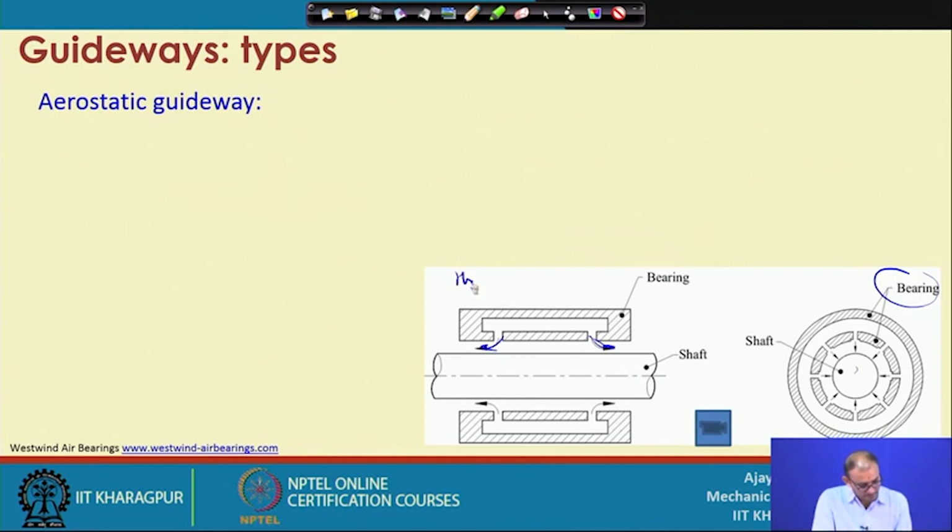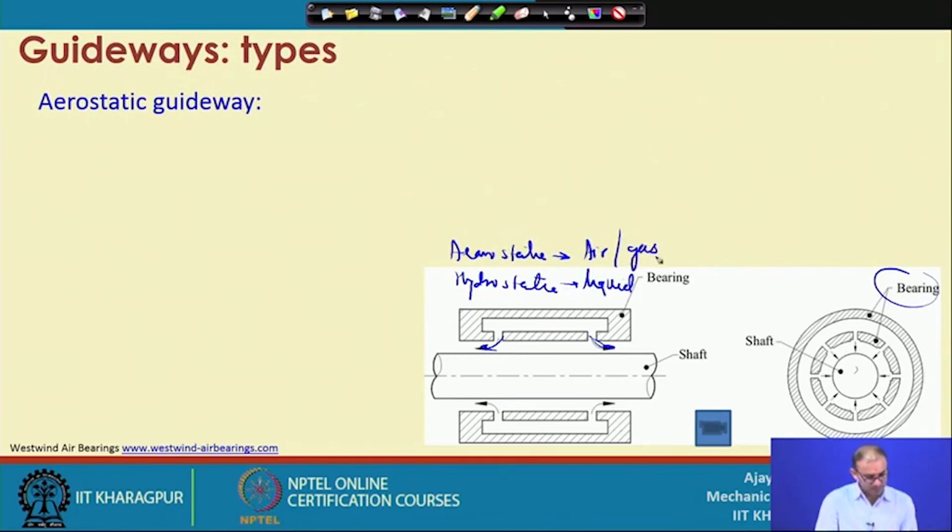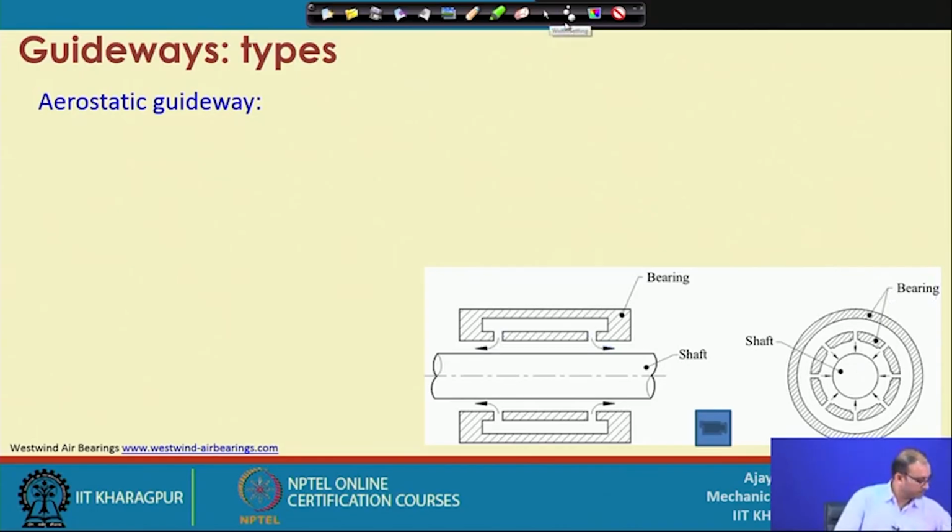In the earlier hydrostatic case, we were using liquid, and in the aerostatic case we are using air or gas. So, this is the difference, but there are many other advantages also. Before that, let us see this video, so that we can get more information through animation on how these things are important.